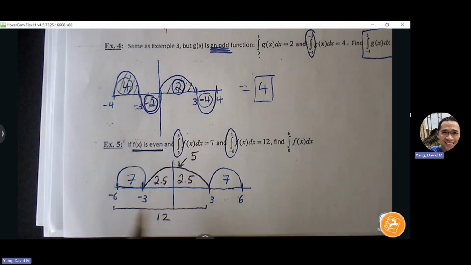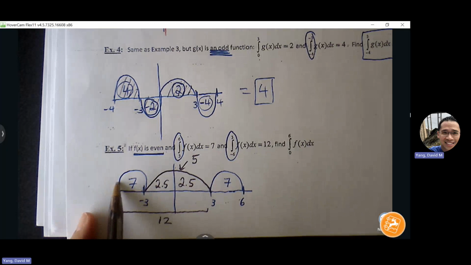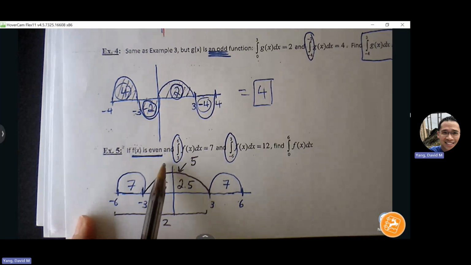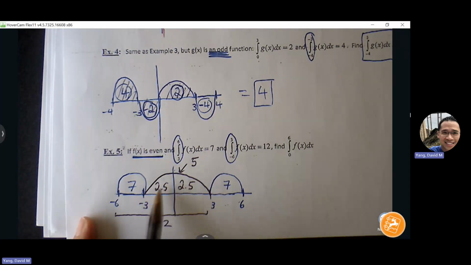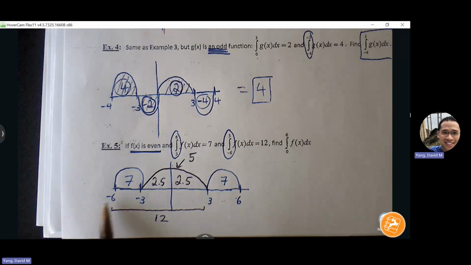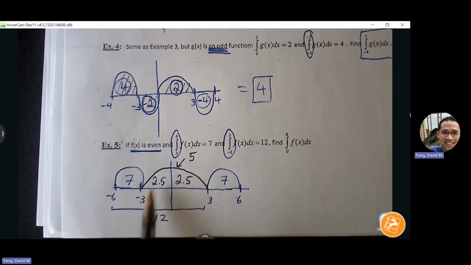The most common mistake that I see students make is they start overlapping the region with 12 and 7, and it just makes it hard to know what's going on. So when there's an overlap, you can put up to the side that I know I have something that I know and something that I don't know that's going to add up to be 12. And then from there, you can decide how you want to split that up.